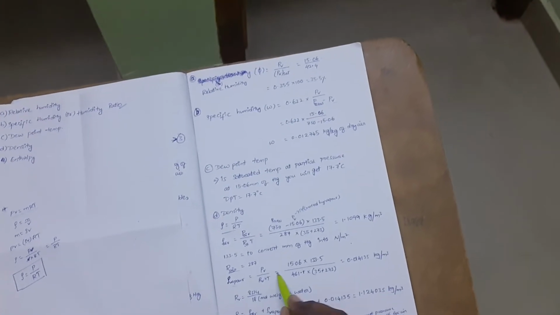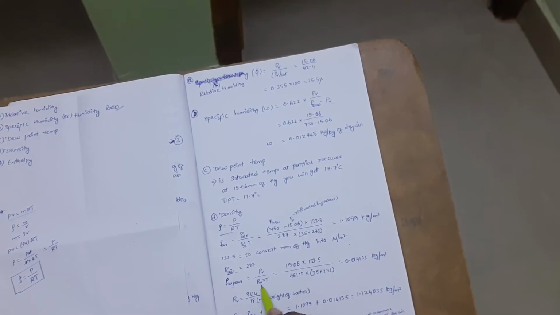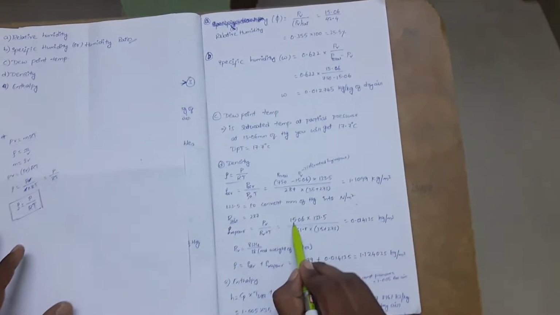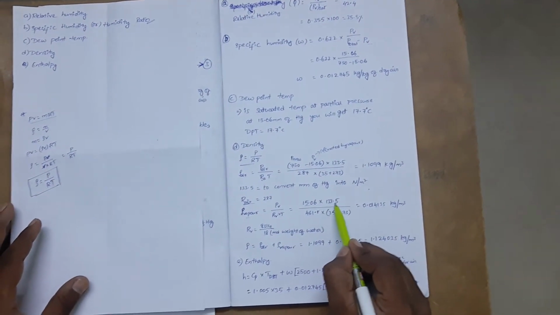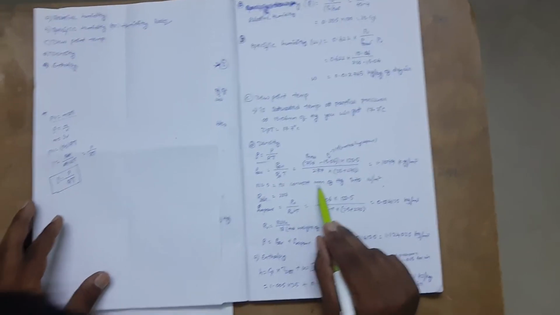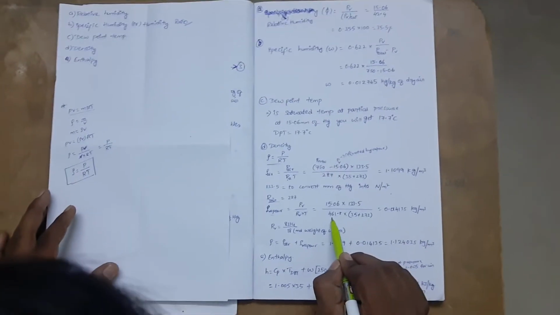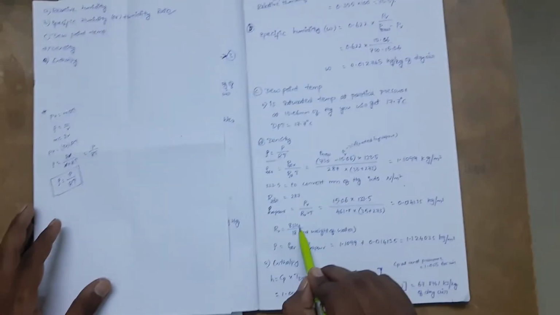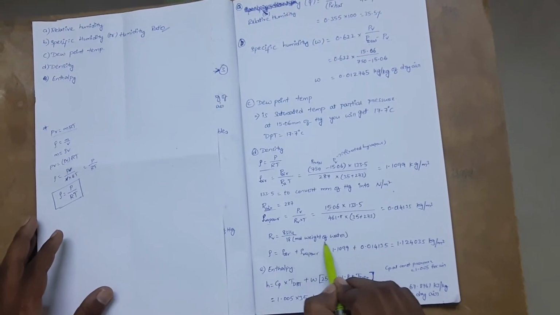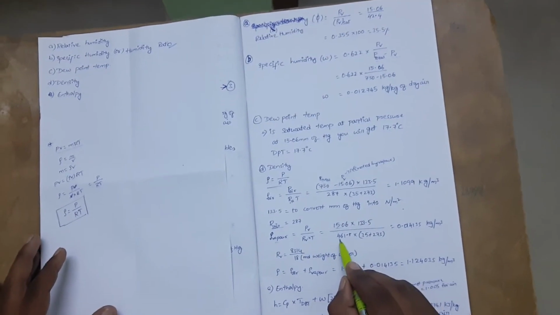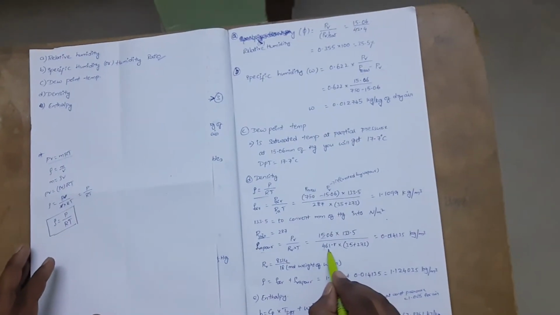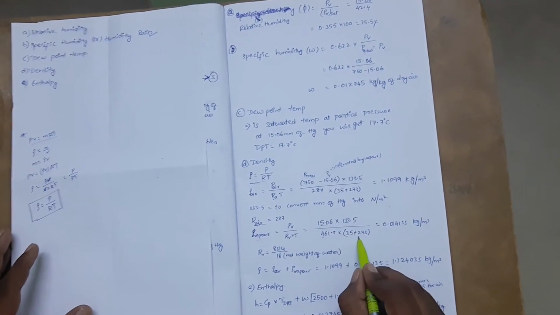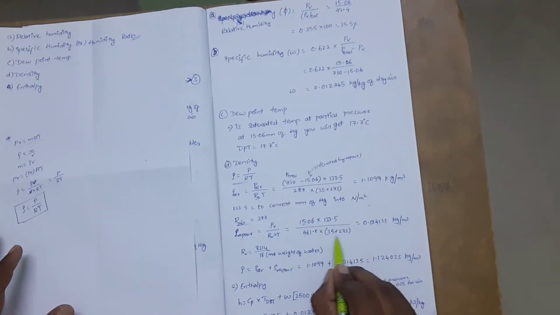Then the density of vapor. Density of vapor is equal to PV by RV. Similarly, PV means partial pressure. We have partial pressure value 15.06 into 133.5. Normally it is used to convert mm of Hg into Newton per meter square, by RV. R constant value is equal to 8314 by 18, that is the molecular weight of water, 18.014, you will get 461.8 into T, temperature, 35 degrees centigrade plus 273, used to convert into Kelvin.